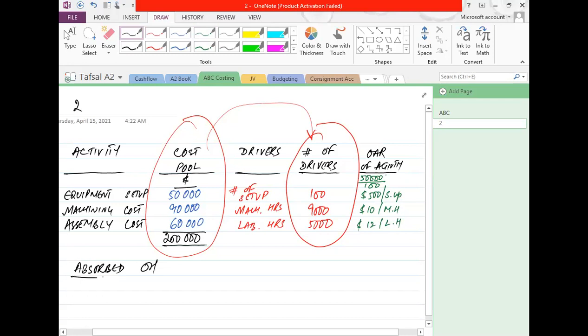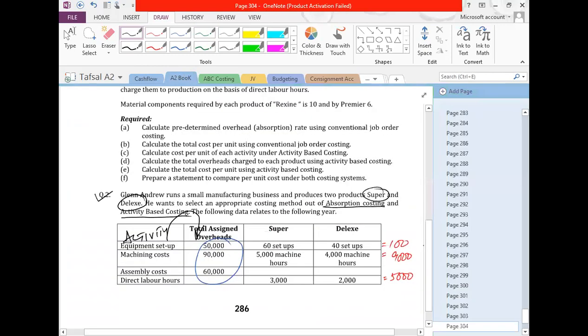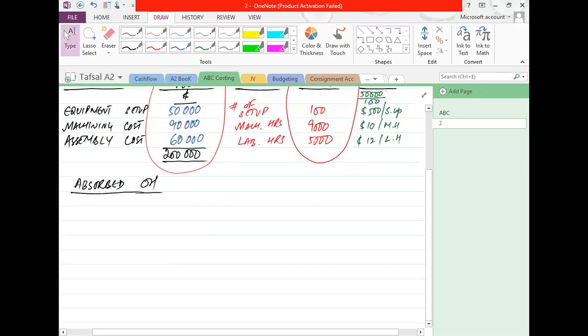Now the step of absorption. How to absorb? It is to be absorbed according to the products. The products are Super and Delexi.